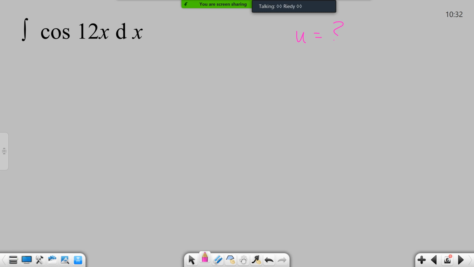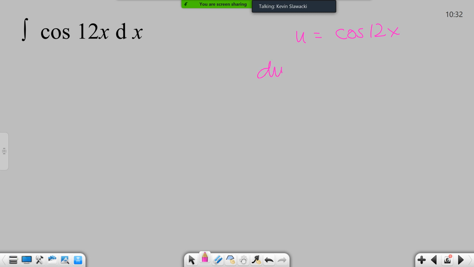All right, Kev, we're going to pick on you. I did something wrong because I have x's and u's. Okay, so let's go through what you did wrong, because I think there's a lot to be learned from seeing mistakes versus just always doing it correctly. So tell me what you chose for u. The cosine of 12x. Okay, so you chose the whole thing to be u.